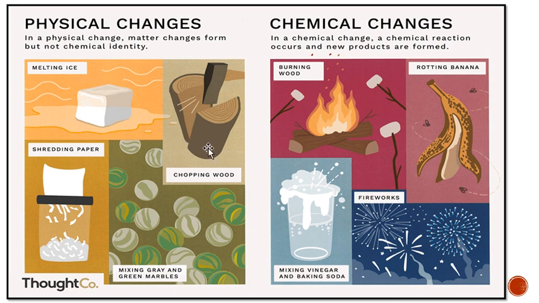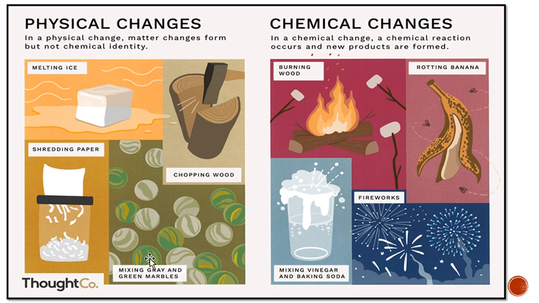Chopping of wood. If you chop the wood into pieces, the composition of the wood is still there, it is still wood. Shredding of paper. What changes is only its size or shape, but it is still the same paper.